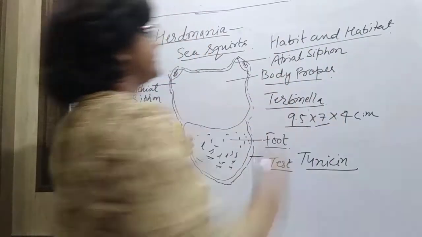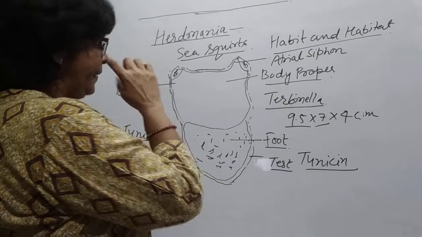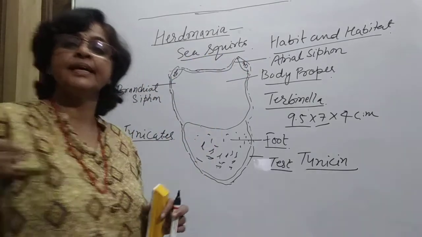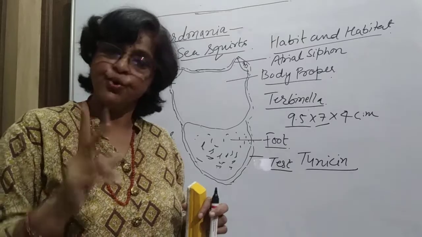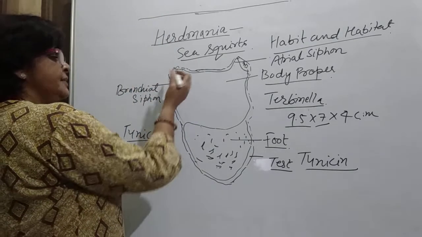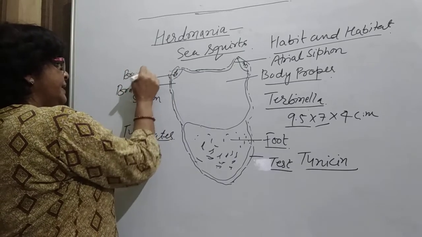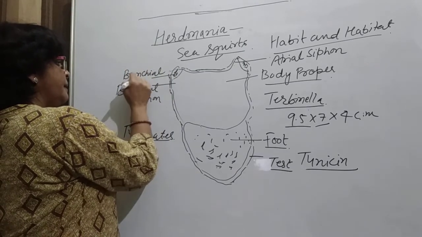At the tip of these two siphons there are two openings respectively. The branchial siphon's opening is known as the branchial aperture.